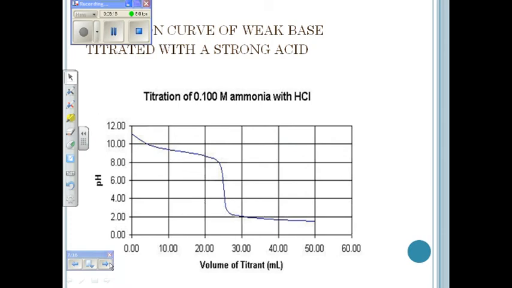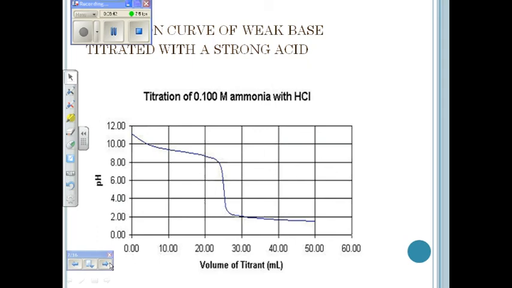Okay, this is a titration curve of a weak base titrated with a strong acid. How do I know it was a weak base that I started with and not a strong base?